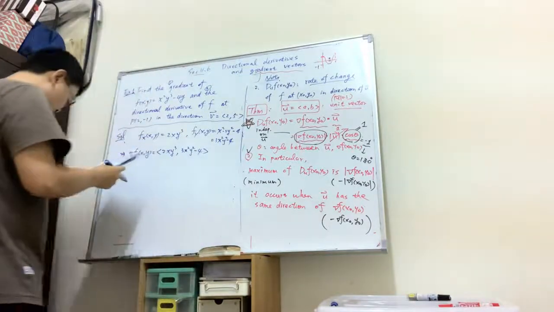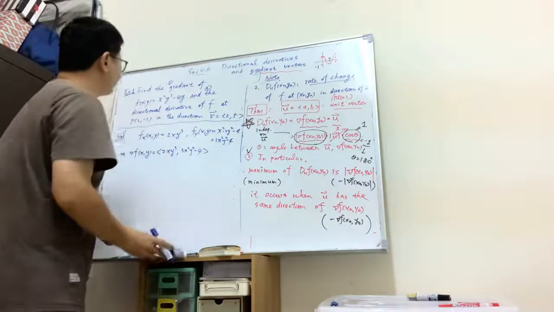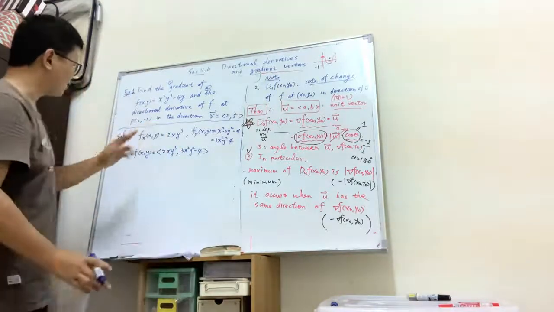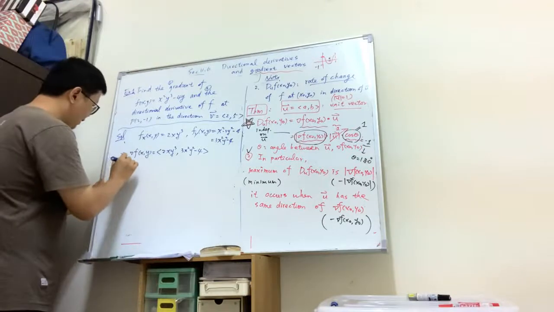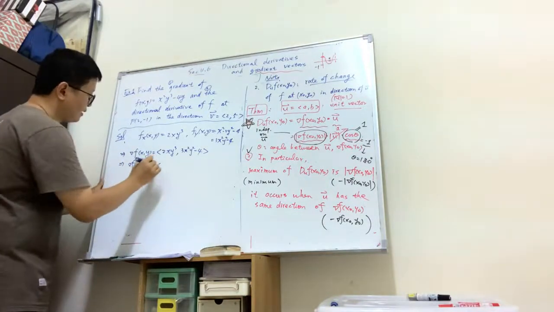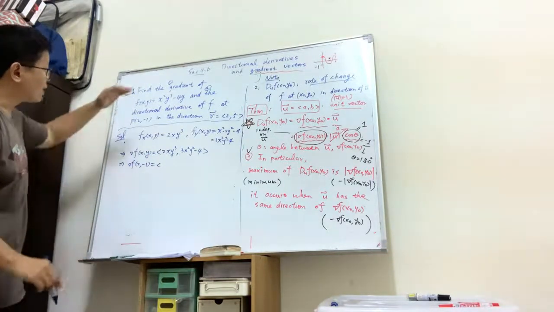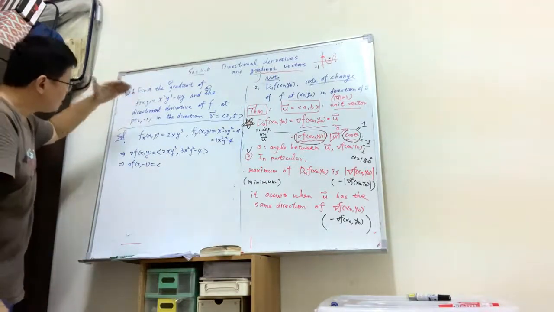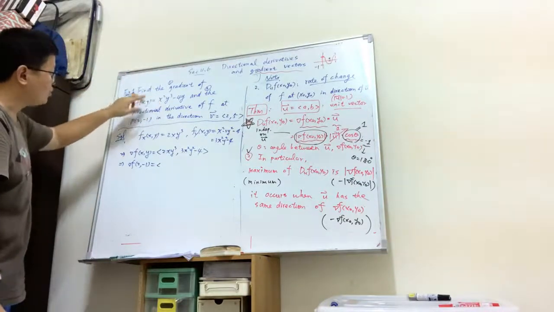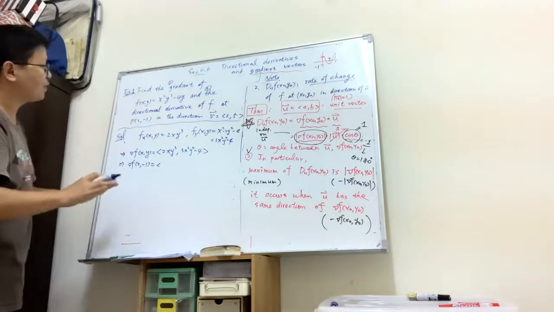But our question is, at this point (2, negative 1), the gradient and the directional derivative. So I have not done that yet. At the point (2, negative 1) is the gradient. As we say, once I give you a function f that contains 2 variables, even if the function contains 3 variables, it's similar.